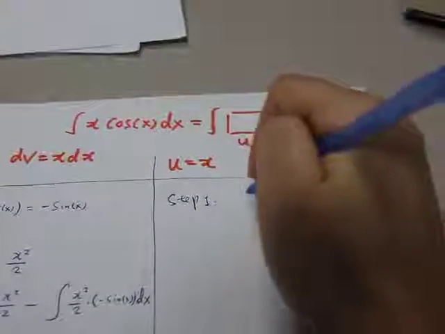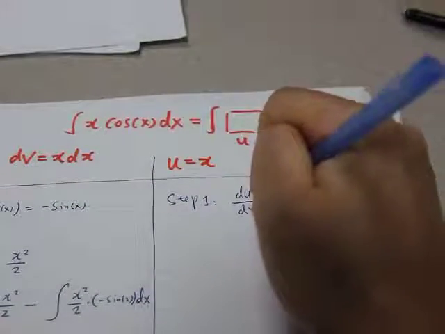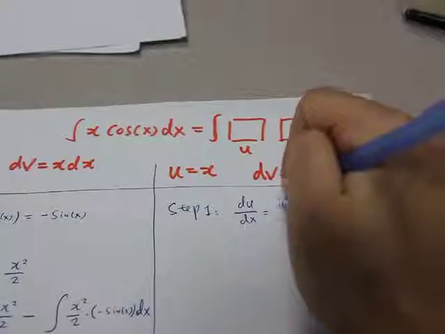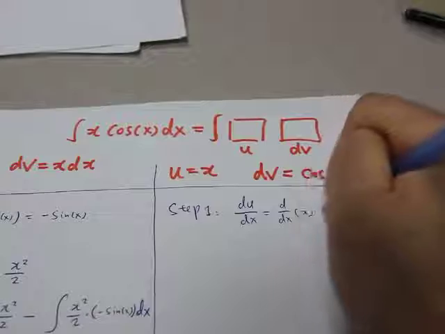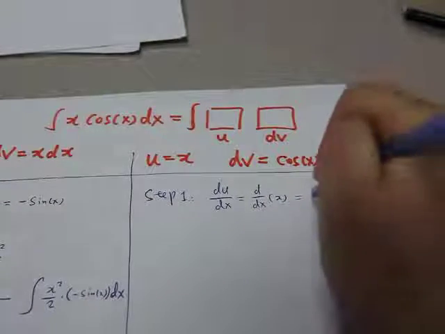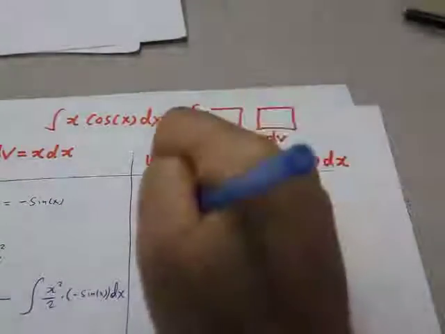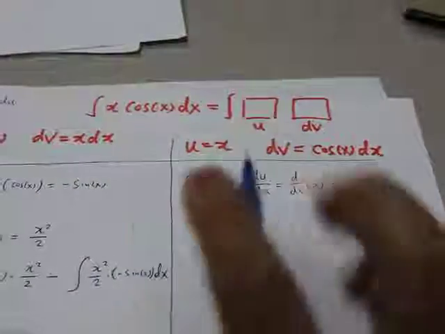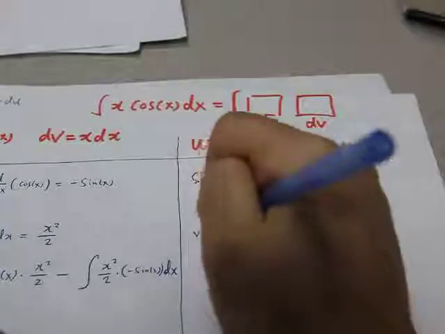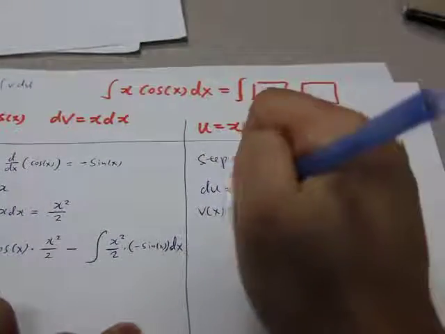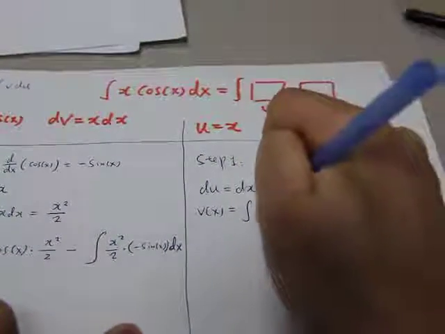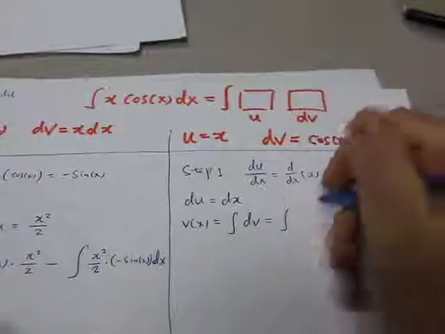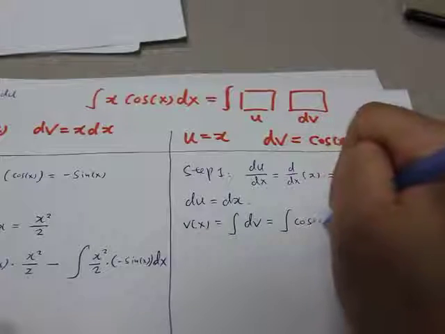We figure out du, so we differentiate with respect to x. This gives us 1, right? So therefore, du equals dx. Okay, du equals dx. Now, to find v of x, we said we integrate dv. So we integrate cosine x dx.